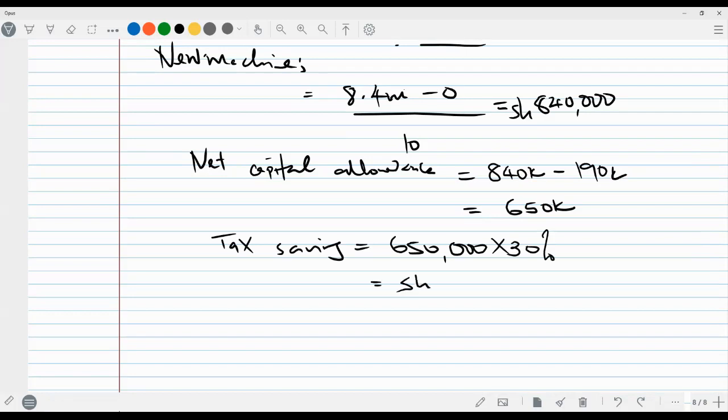Therefore, how much do you claim per year? 195,000. You can claim 195,000 to be the allowance per year.